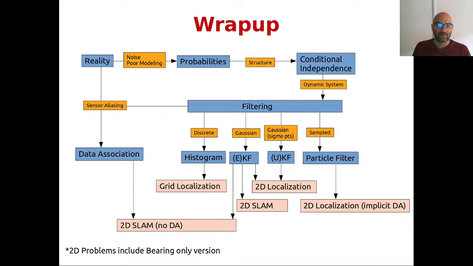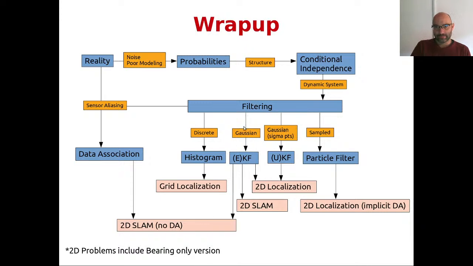Yet this filter for localization required a reasonably decent initial guess to get hooked and track the belief over the possible robot locations in an adequate manner.